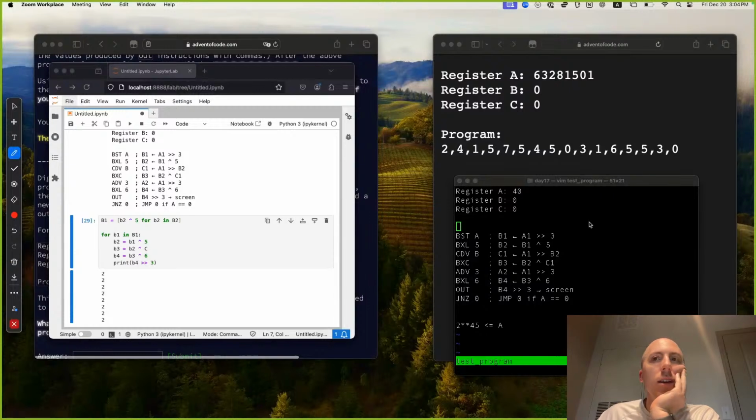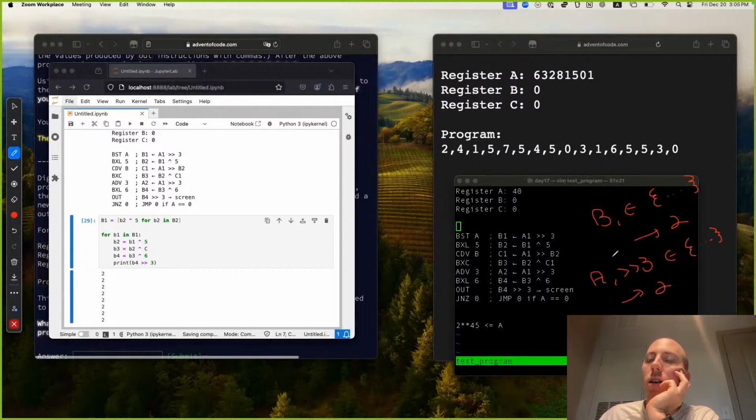So now we say, all right, if B1 is in this set, then you're going to output a 2. And we know that B1 is equal to A1 bit shifted by 3. So if A1 bit shifted by 3 is in this set, then we're going to output a 2. So we want to find all the values A1 such that when you bit shift them by 3, you're going to get an element in the set.